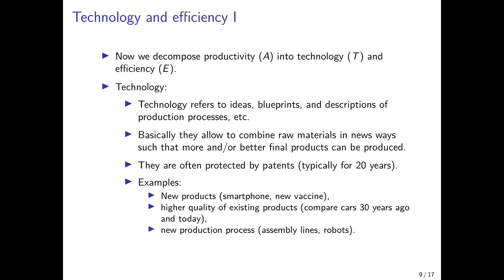So that's most broadly defined as ideas or blueprints or descriptions of production processes that basically allow to combine a certain amount of raw materials in new ways such that the outcome then is either better or more of the outcome. That's basically that we improve the recipe of production by having these new ideas, better blueprints, better production processes, and so on. Often they are protected by patents, so particularly in case of applied research.